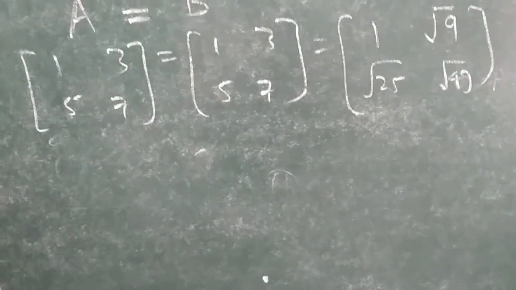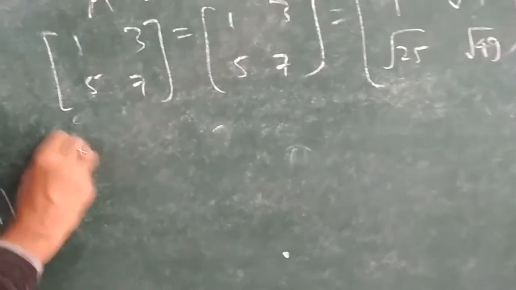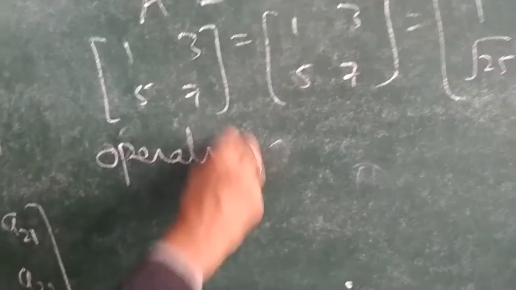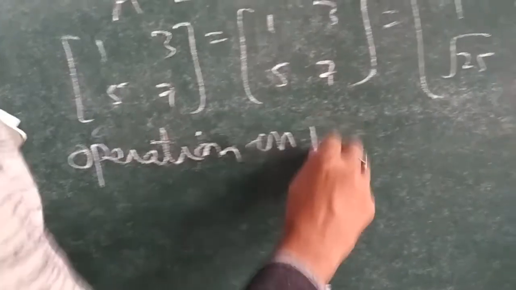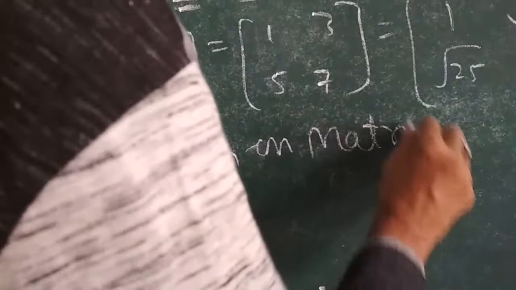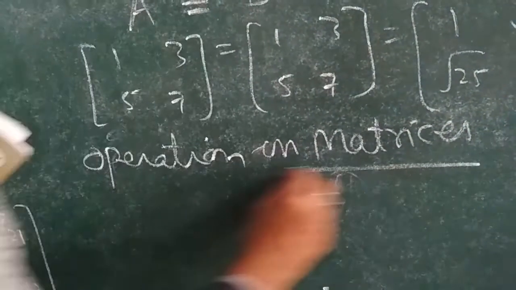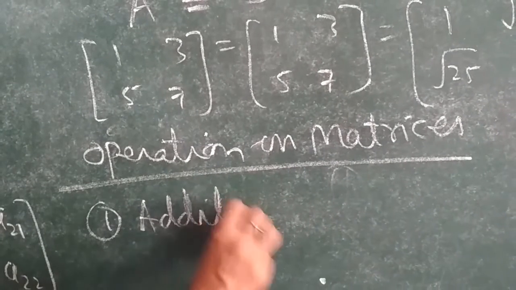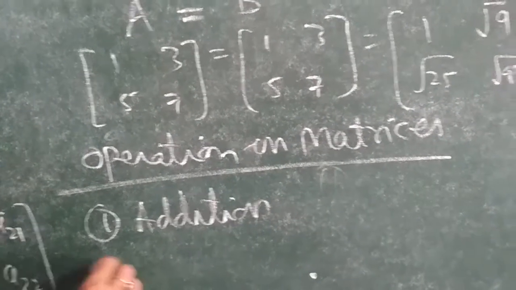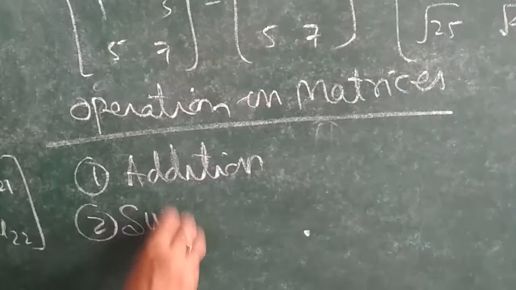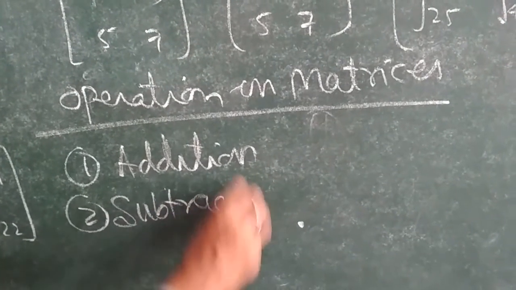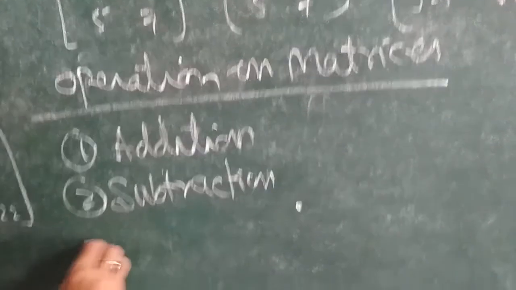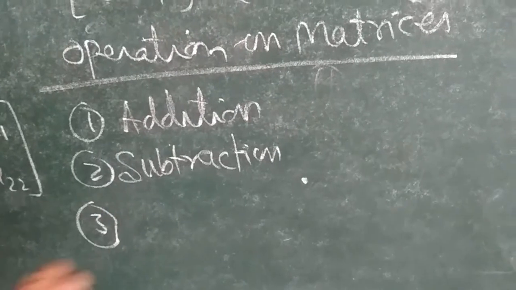Now, operations on matrices. First one, addition. Second, subtraction. Third, multiplication.